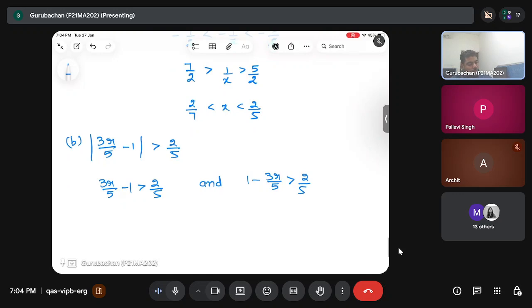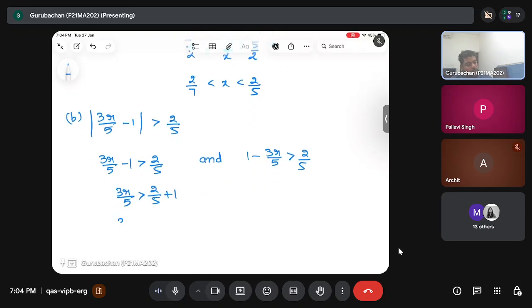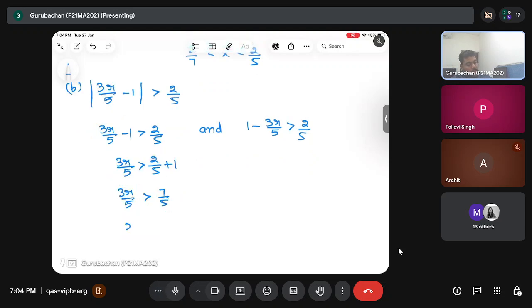From the first one you will get 3r by 5 is greater than 2 by 5 plus 1. This will give you 3r by 5 is greater than 7 by 5, and r is greater than 7 by 3.